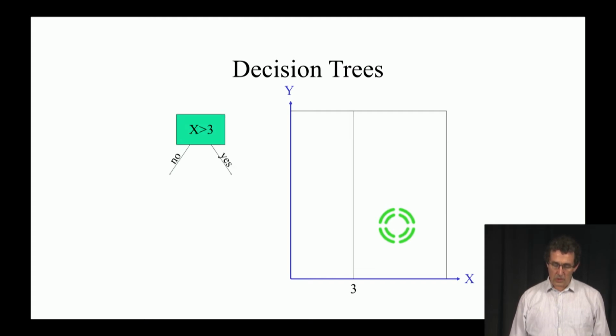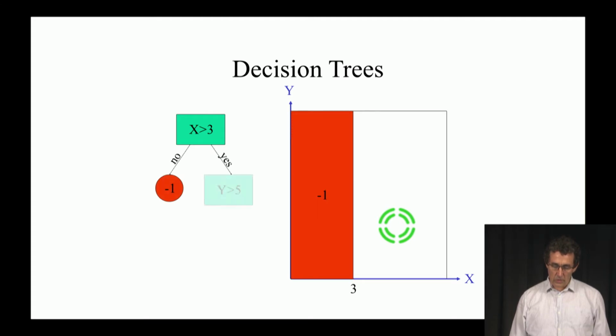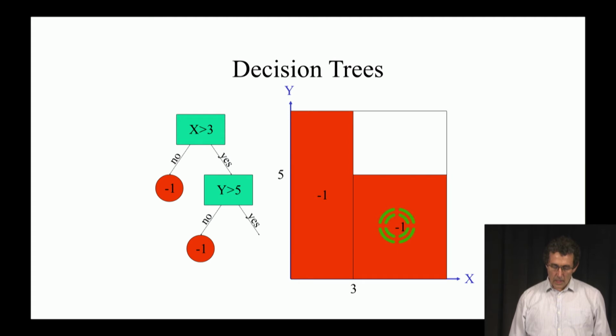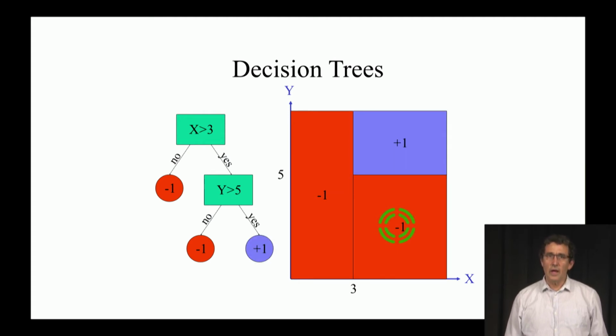So here is a partition of the space that corresponds to a simple decision tree. And the first thing we want to do is figure out how you can represent this tree as a boosted sum of weak rules. Initially this might seem completely impossible, but it's actually quite simple.